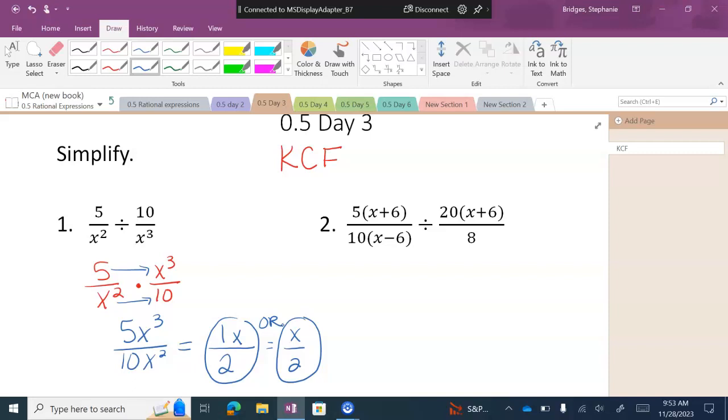Then go through and get rid of any binomials that you see that are the same, one at the top, one at the bottom. Multiply what is left. And then reduce if possible.